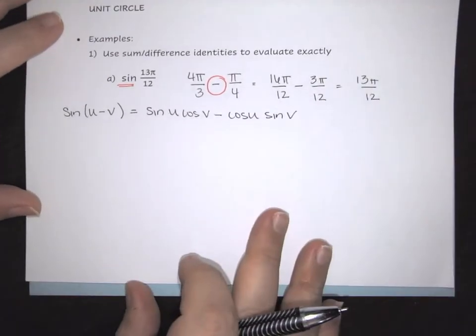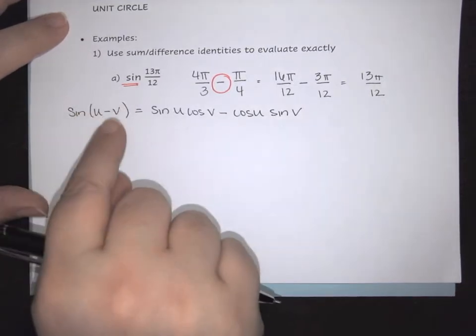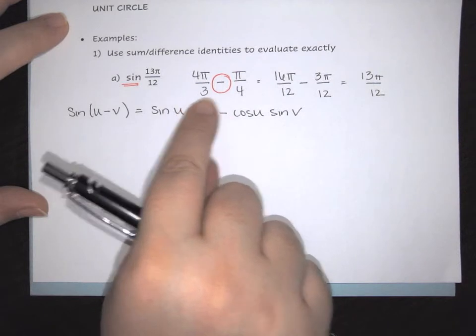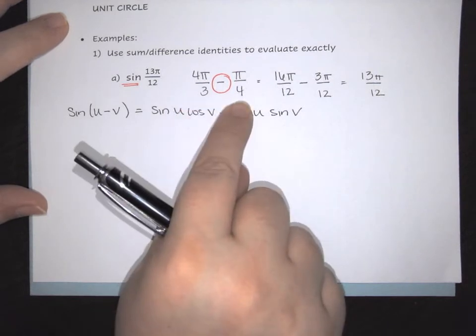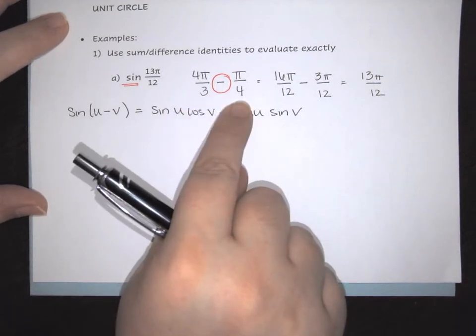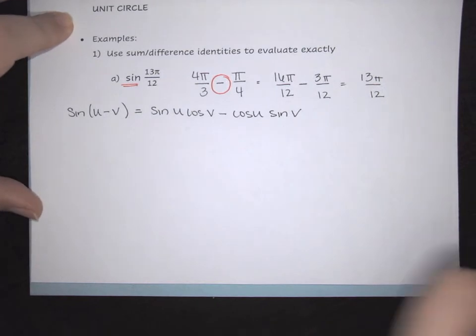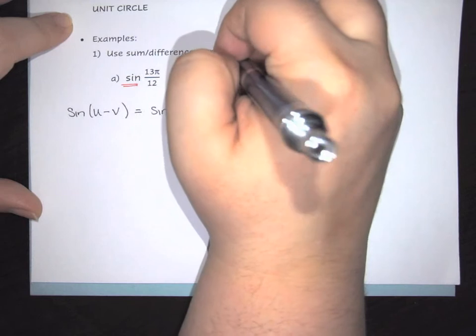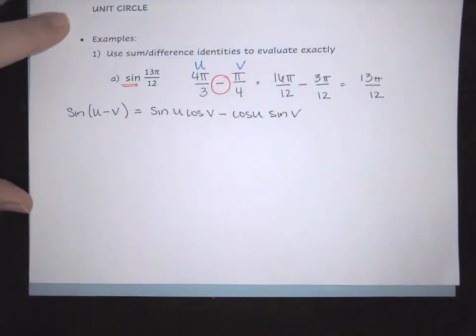Here we have to identify what is u and what is v. If you look at the way it's written in your parentheses and the way we wrote it out to solve for our angle, we're just simply going to slide the two together. What does that mean? It means that 4 pi over 3 is my u and pi over 4 is my v.